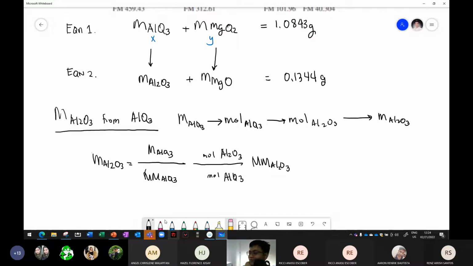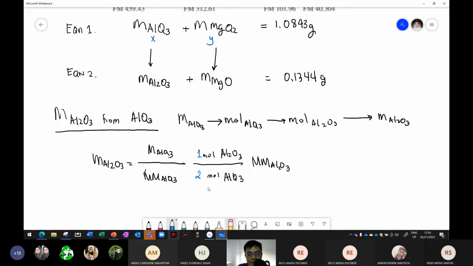Naantok talaga ako. Okay, 1/2. So 1 nasa taas, 2 sa baba. So actually, 1 mole of aluminum oxide will give you 2 moles of AlQ3.